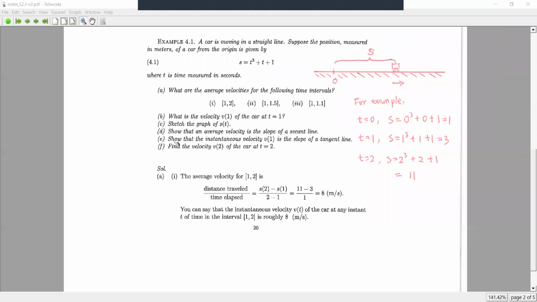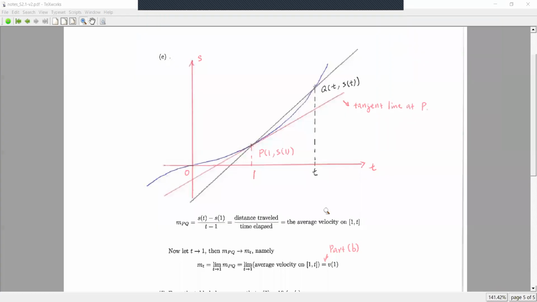Question E. So that the instantaneous velocity v of 1 is the slope of a tangent line. Look at this diagram. The blue curve is the graph of the position function S. Suppose 1 is here, and point P is the point on the graph corresponding to 1.